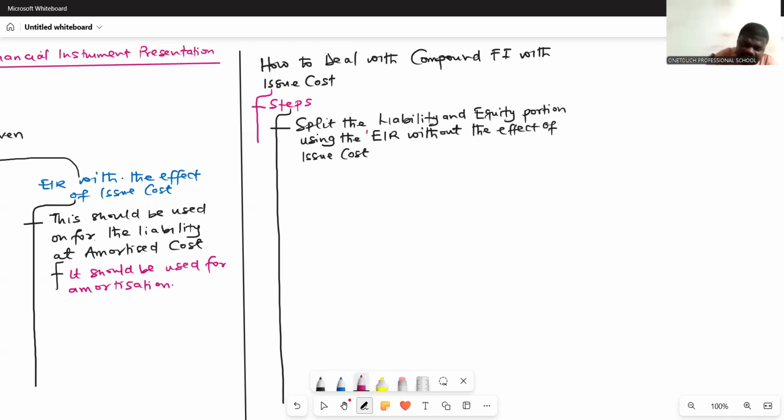That is the effective interest rate that has not reflected issue cost.